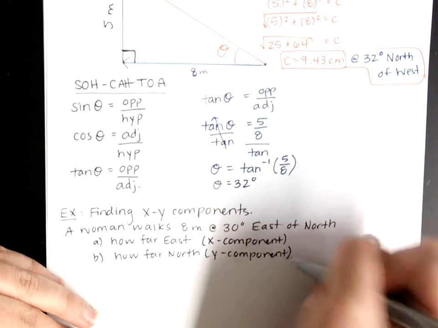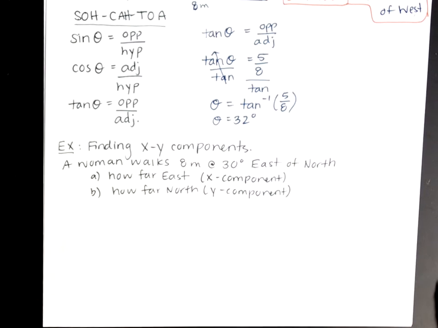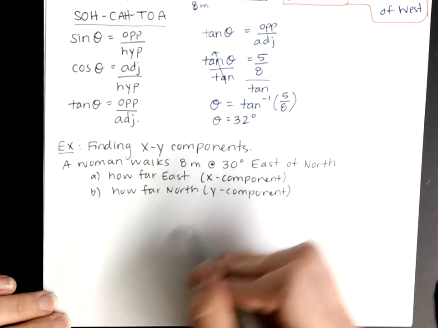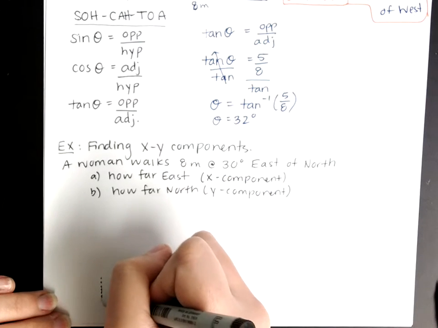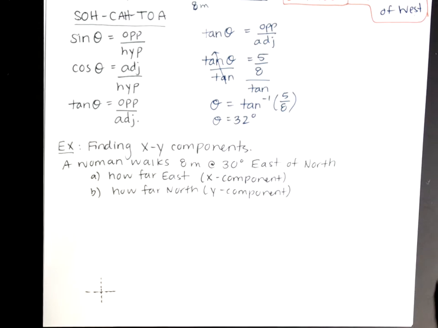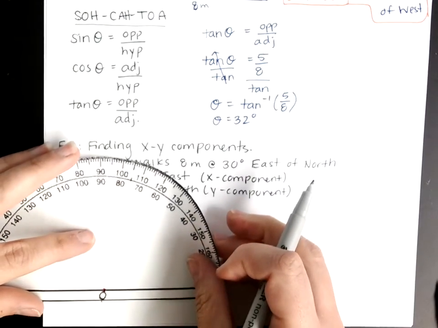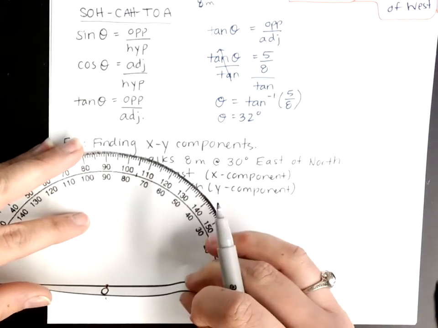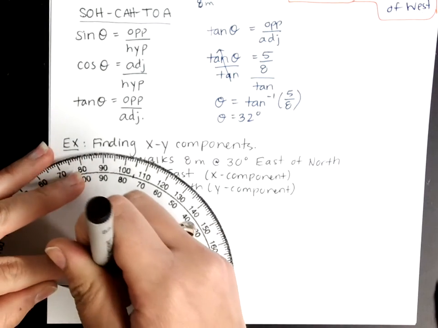So let's first start off by drawing our vector. We know it's going to be kind of up in this direction because east of north. So I'm just going to draw a little compass to kind of get me started. I'm going to place it right on the right spot.